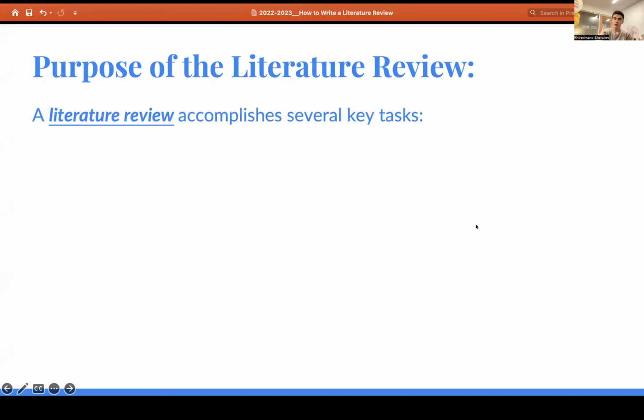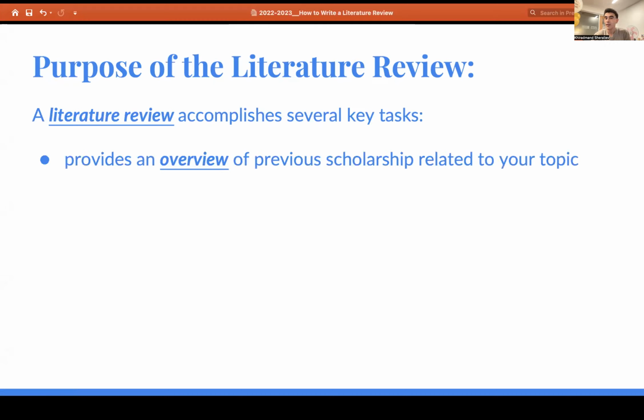So let's get started. So the purpose of the literature review. So a literature review accomplishes several key tasks. And the first is that it provides an overview of previous scholarship related to your topic, right? Or in other words, what other scholars before you have found and have written about your topic. The second, it engages critically with that scholarship. It's not just you write the summary of previous sources, right?